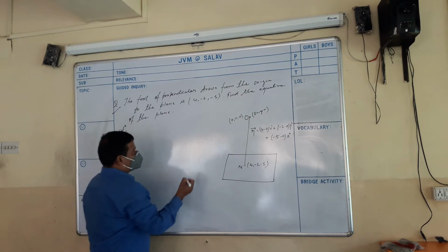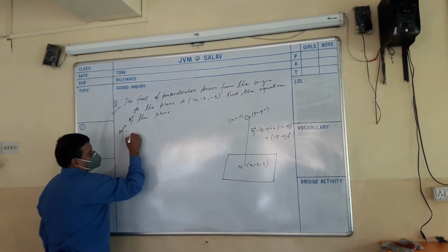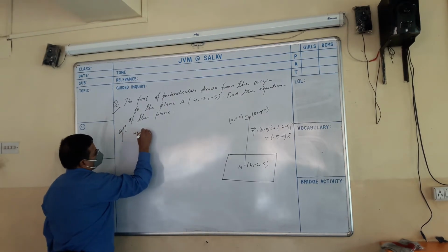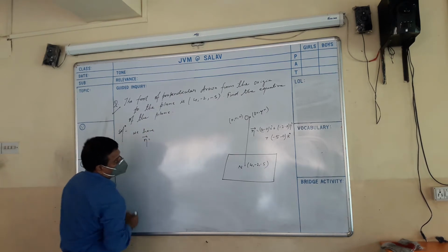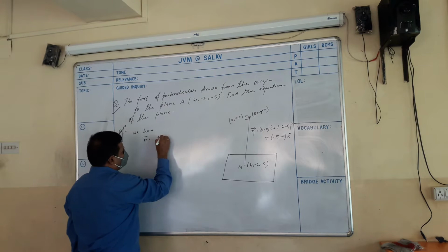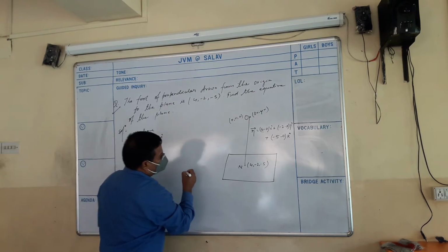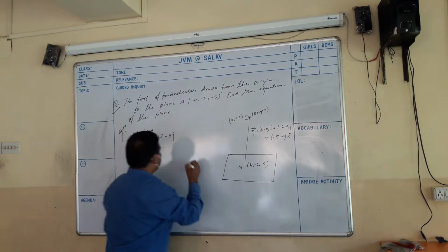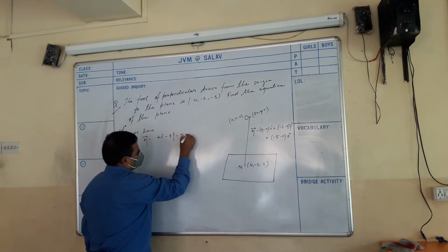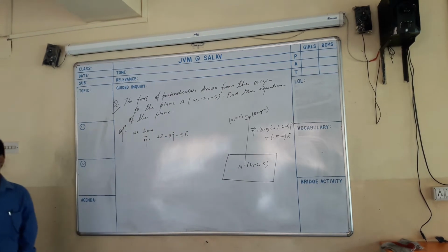So the normal vector N is equal to 4i minus 2j minus 5k. Clear? Any doubt?